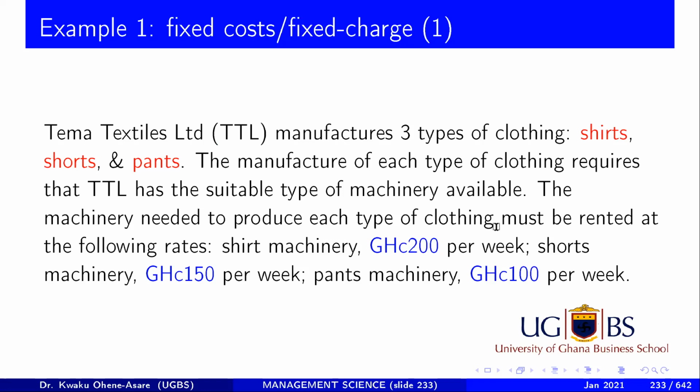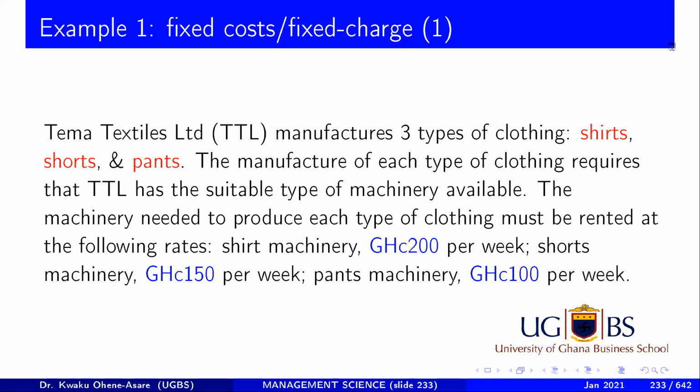So we've got to decide on the rentals. We've got to decide on the machinery for shirt, the machinery for short, the machinery for pants. So there's a machinery called pants machinery. We've got to decide whether we are going to rent it, or buy it, which is more or less the same.